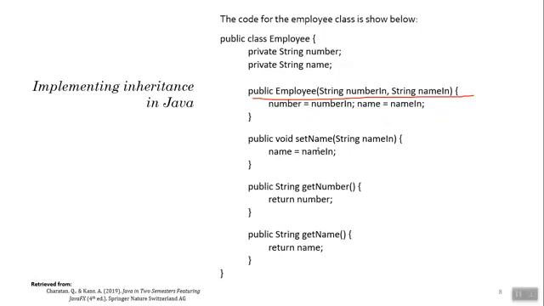So public void setName. We'll just set the name of that variable if we use the setName method and pass the new name to its parameter, so the name would be set to a new name. Then public String getNumber. We'll get the number set from our implementation of the constructor.